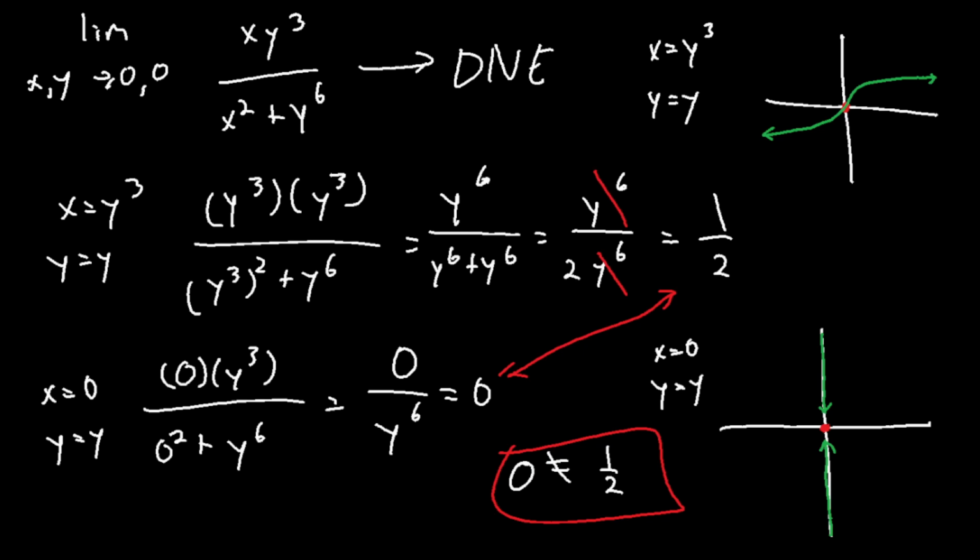So let me recap. A goal of yours when you're trying to prove that these limits do not exist is to take different paths, and if these paths give you two different values, well, your goal is reached, your limit does not exist.